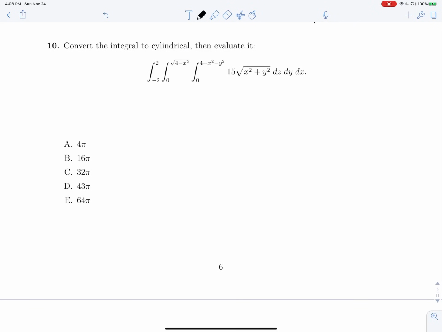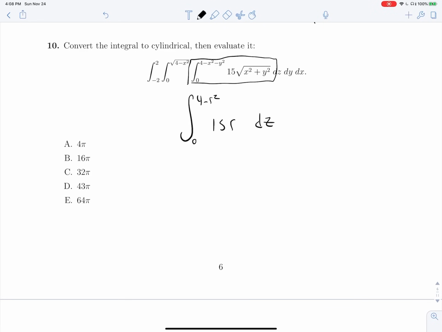Let's convert this integral into cylindrical coordinates and evaluate it. So taking a look at our first integral and our integrand, this is going to become the integral from 0 to 4 minus r squared of 15r times r dz.